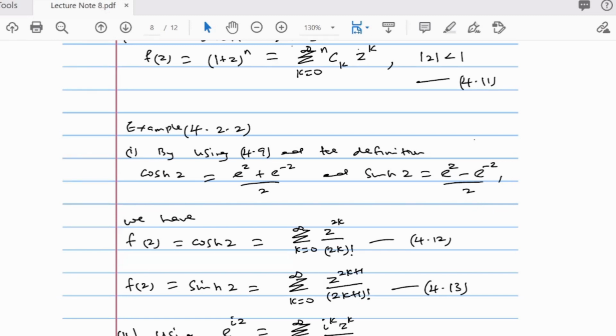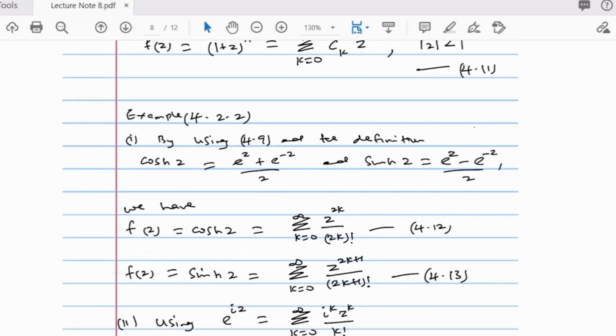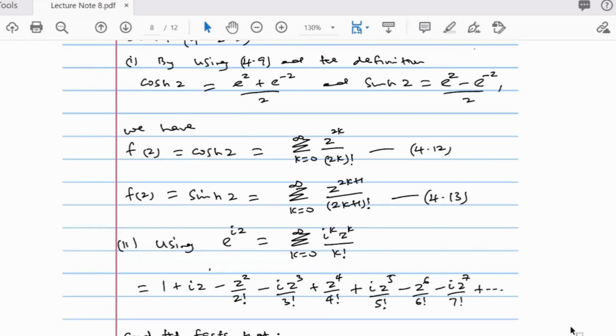Making use of this, you can write cosh of z as summation k equals 0 to infinity of z to the power 2k over 2k factorial. You can also write sinh z as summation k equals 0 to infinity of z to the power 2k plus 1 over 2k plus 1 factorial.